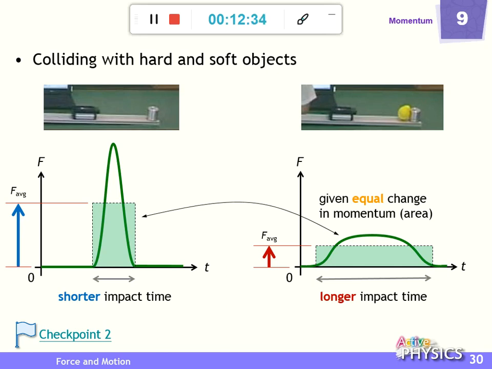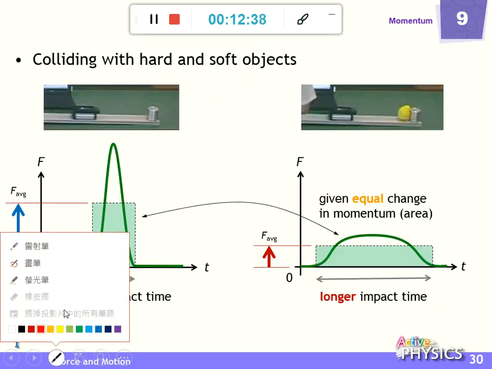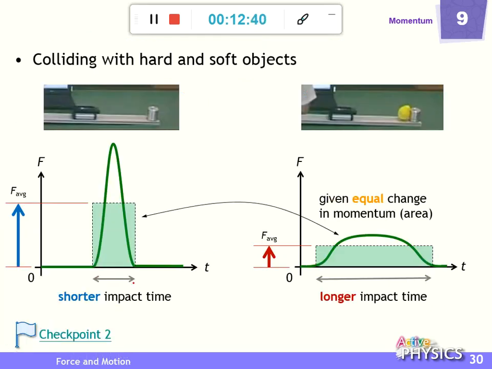But if the impact time is shorter, but the area should be the same, then the F-max value will be increased in this way. This part is shorter, then the height will be higher.